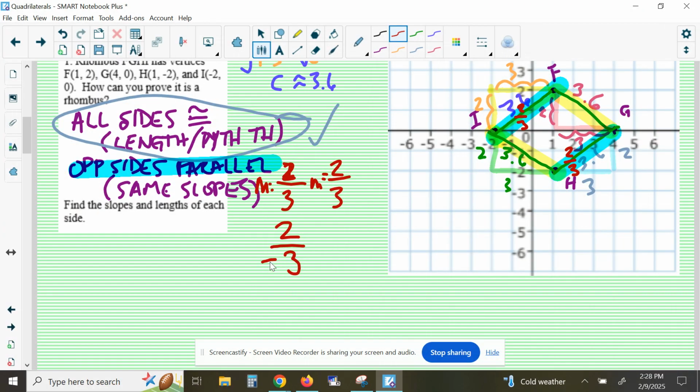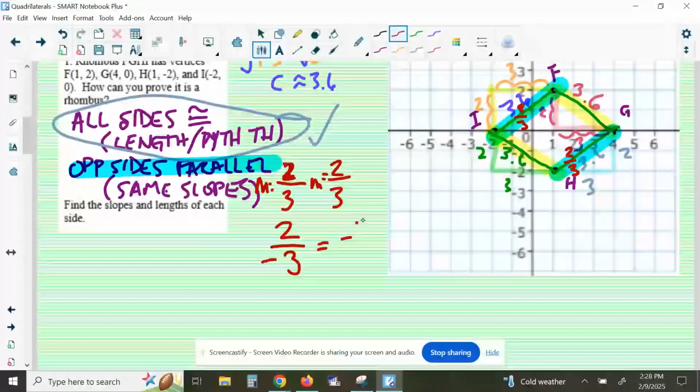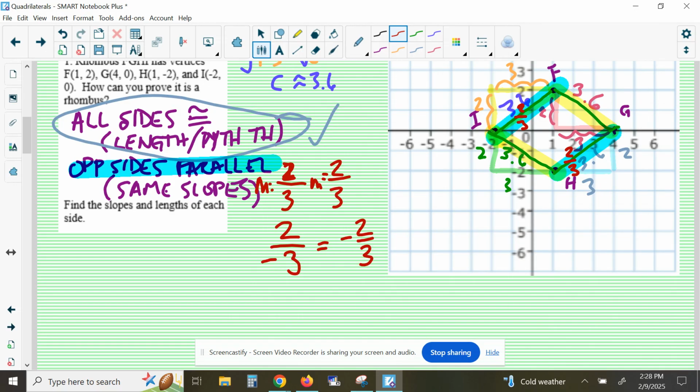And remember, you can move your negative sign up to the middle, so that way it looks just like -2/3. That's cool. If you have one negative, you could put it on the top or the bottom or the middle, and it all means the same. Don't add extra negatives though. So the slope of this part over here is -2/3, which makes sense. It's downhill, a decreasing graph, so negative is what we should have.